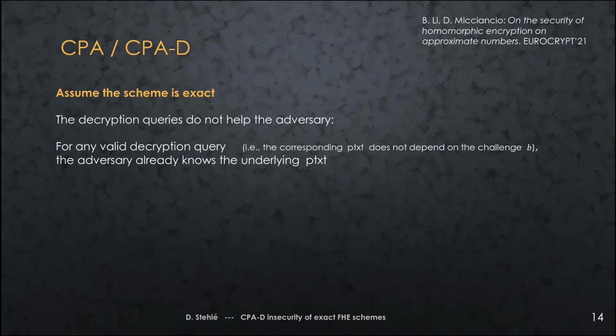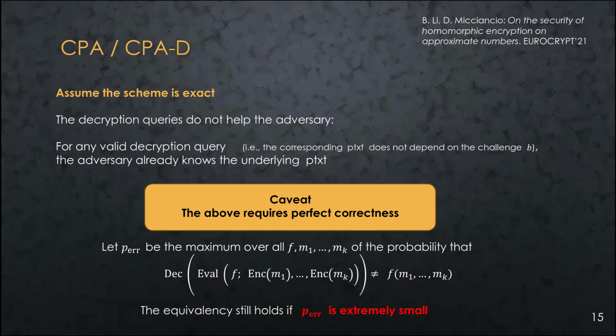So again, if this holds, then you can simulate decryption queries yourself. You don't need an oracle. But there is a caveat. The intuition requires that we have perfect, or near perfect, correctness.